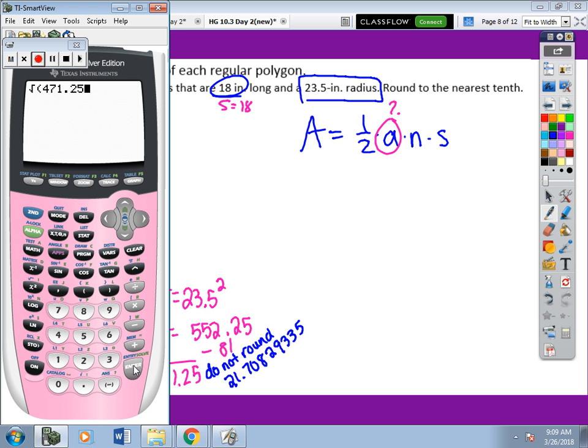Now I wanted to show something on the graphing calculator that I don't know if I've shown in this class. If you want, obviously you could just hit times and it'll use the answer, but do you see this little answer button? I think the basic calculators might also have it. So if you want to use that answer in your next calculation, you can use this button.